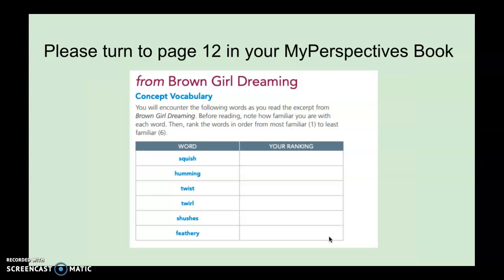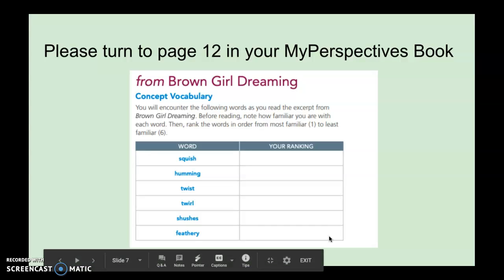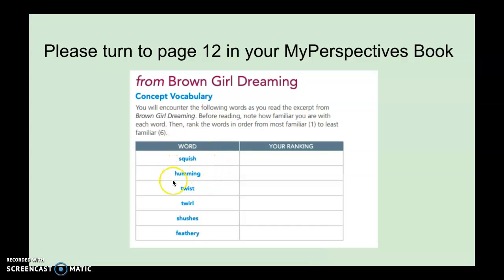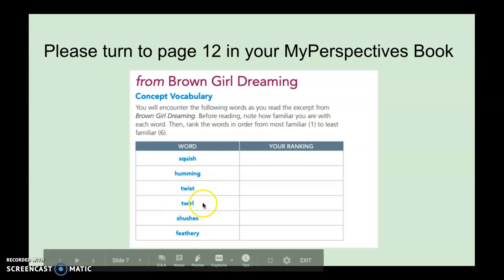Now I would like you to go back to page 12 in your My Perspective book. This is our vocabulary that we're going to be focusing on for this text. And you're going to come across these words. The first word is squish, followed by humming, twist, twirl, shushes, and feathery.